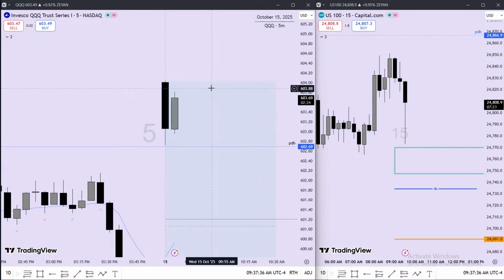Bears tried to move below 602, they failed. Let's see if they can get a closing below the prior day low.